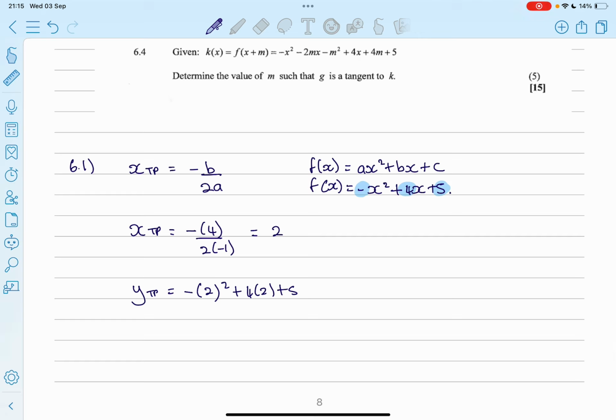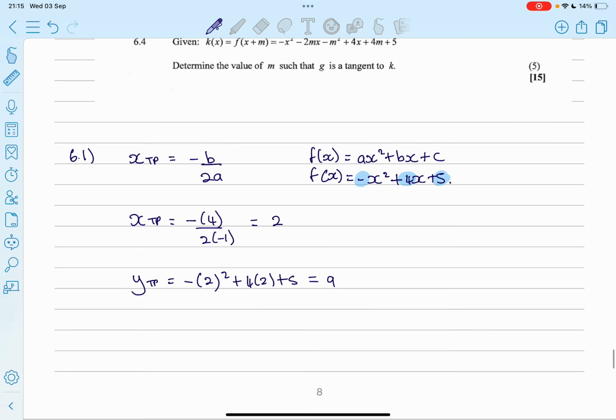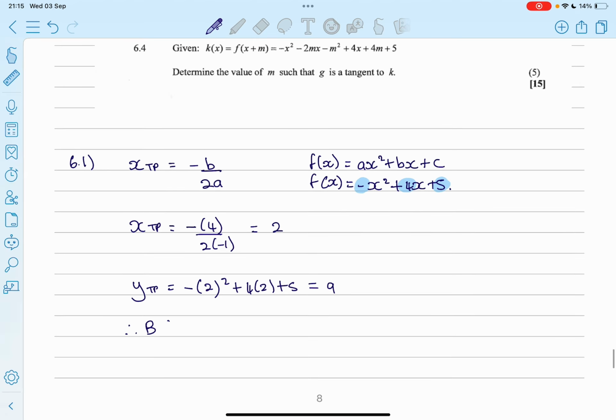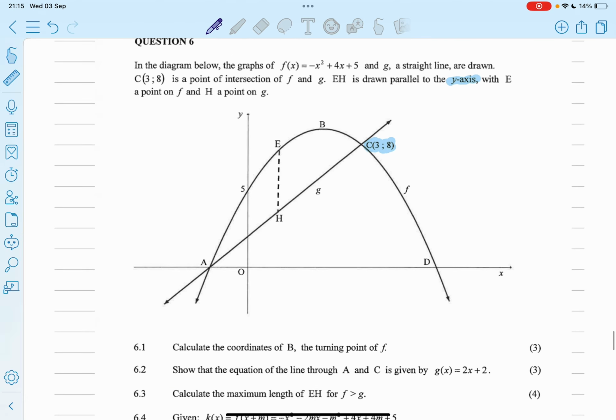And this will then be equal to 9. So this means that the coordinates of our turning point B will be 2 and 9. So we can write this on our diagram. Here we've got 2 and 9.